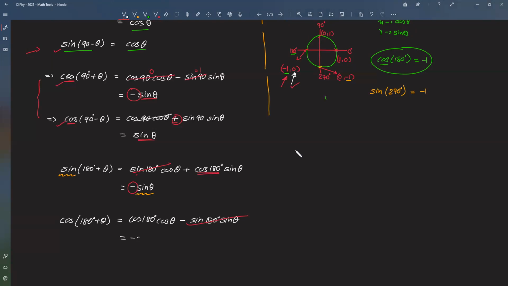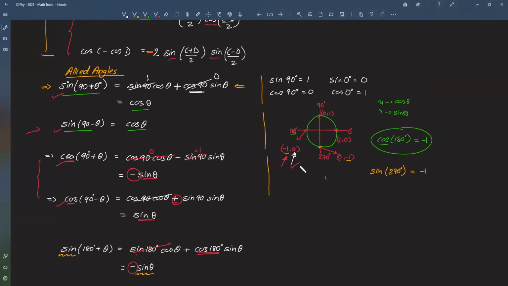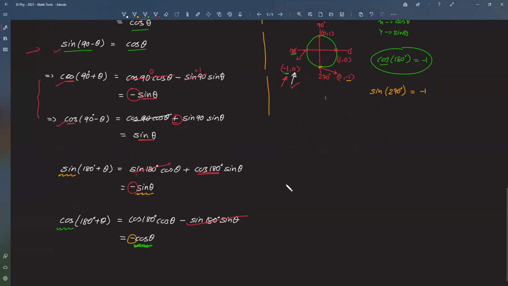So this is minus cos theta. So now here we see that even cos remains cos, but yes, there is a negative sign. What is the pattern of the negative sign? That is something we still have to decode. One more thing we now have to face is that in the above four cases, sine changed to cos and cos changed to sine, but here sine remains sine and cos remains cos, right? Let's see one more.